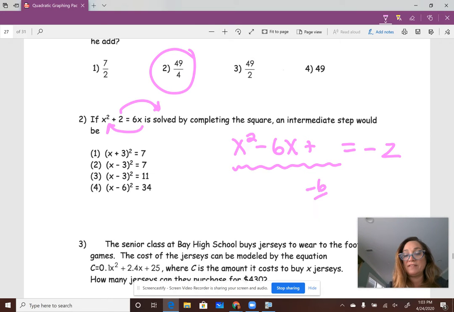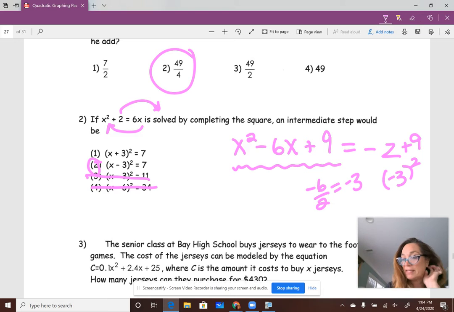So I'm going to take half of -6, and then I'm going to square that, and that's going to be 9. So that would give me a 7 on that side. Okay, and it's definitely going to be the x minus 3 because that's a -6. All right.